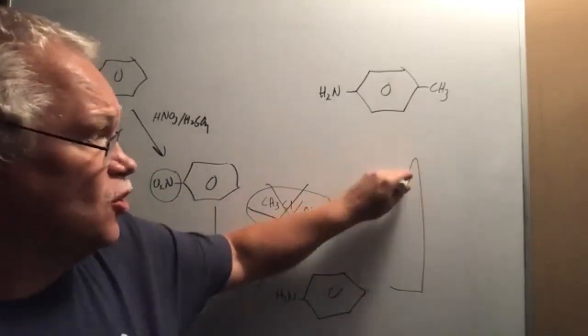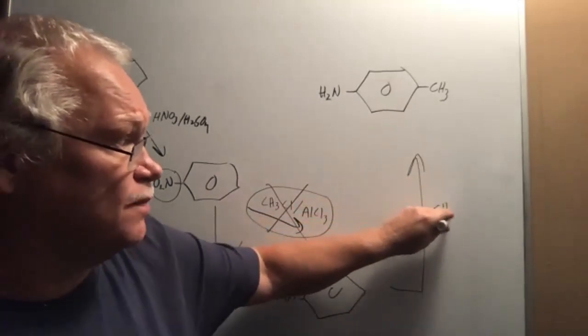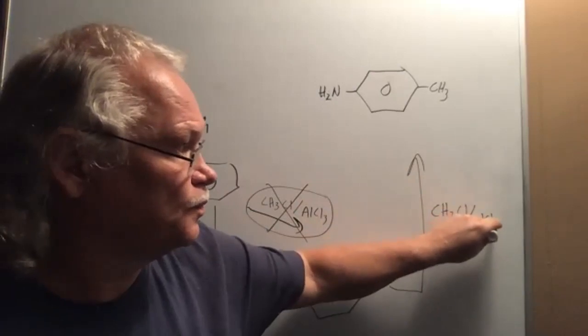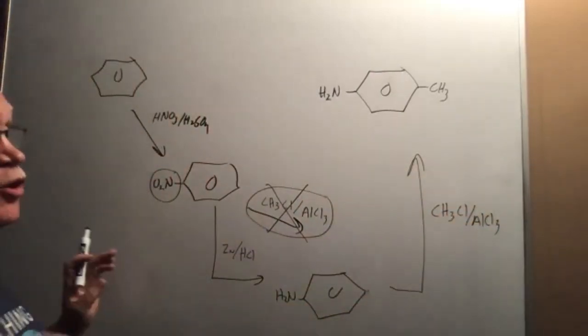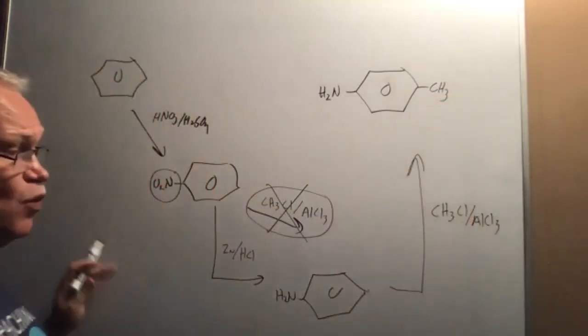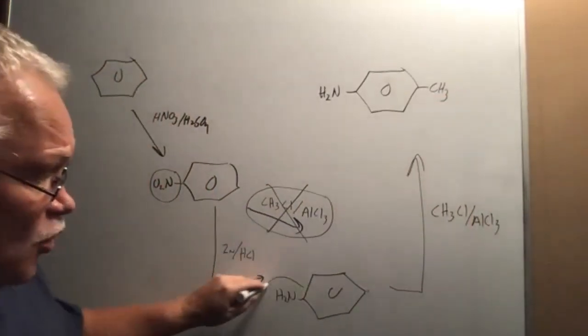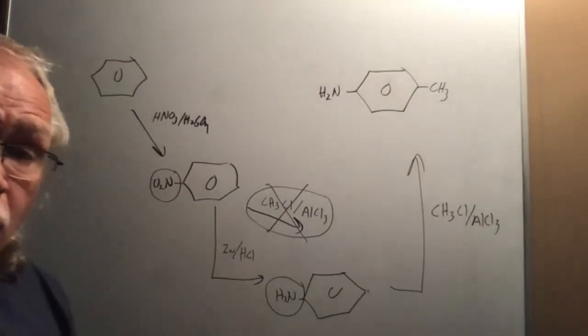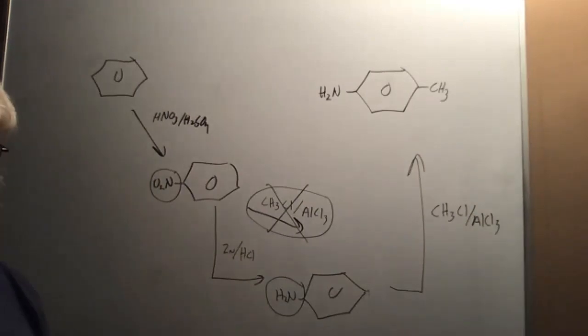Now can I do the alkylation reaction? Will that put the methyl group on the ring? The answer is yes, it will. And I'm looking at the group that's already on here. Is that an ortho-para-director or a meta-director?